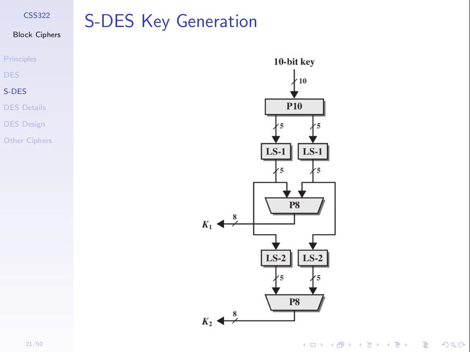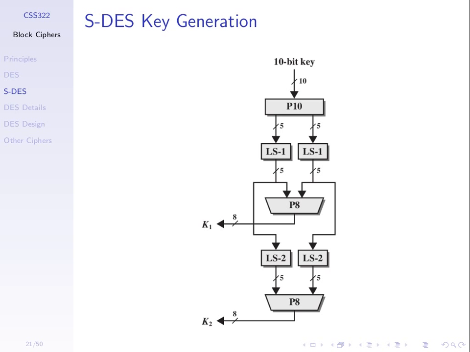In fact, this permutation will take 10 bits in and will produce 8 bits out. So it permutates and deletes 2 bits to get the output K1, the first round key. And the outputs of those left shifts will be fed down to do another left shift by 2 positions. P8 will be applied again, we'll get the second round key K2 out.